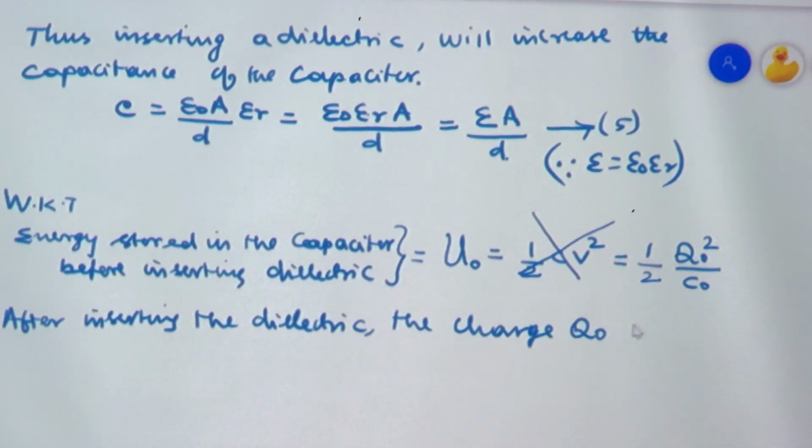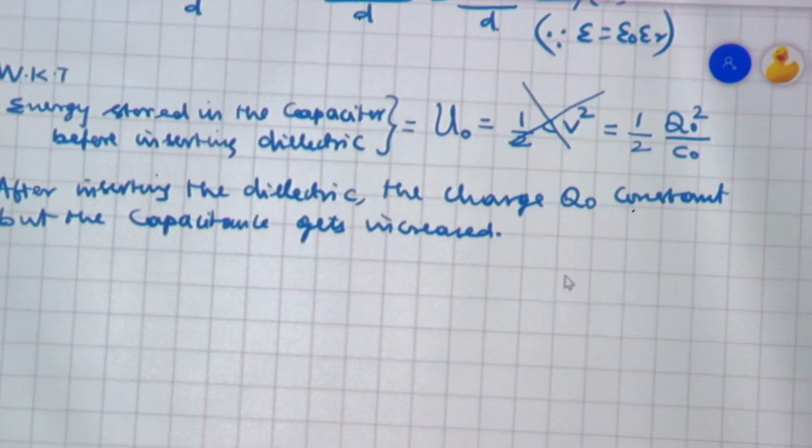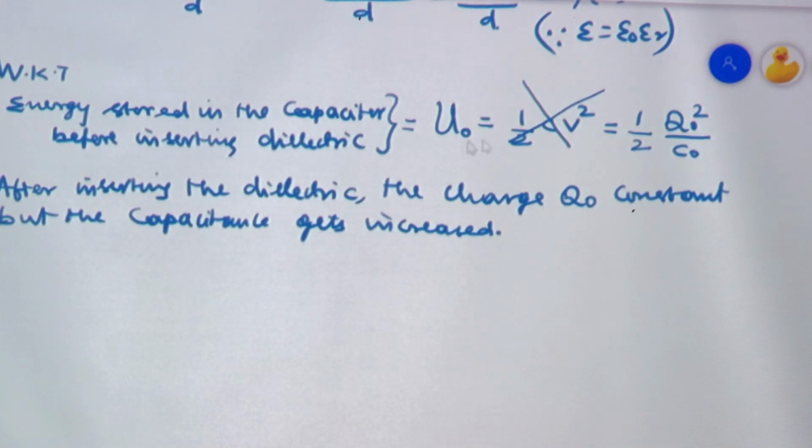But the capacitance of the capacitor gets increased. So when the capacitance gets increased, as a result, what will happen to energy? As a result, energy gets decreased because capacitance and energy are inversely proportional.